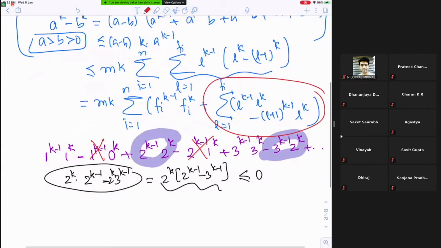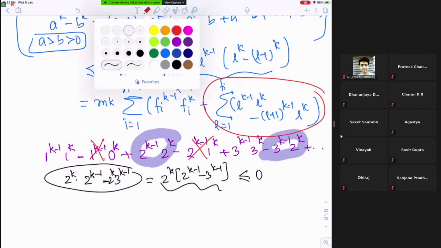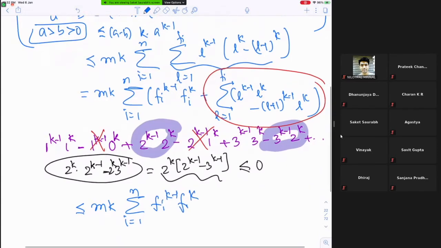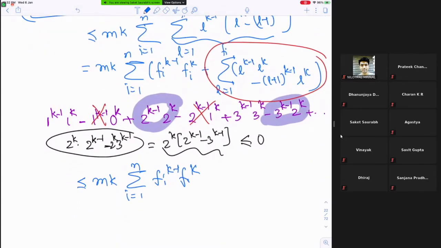So what is left after that is basically less than or equal to m k summation i equal to 1 to n of f_i^{k-1} f_i^k. What is this term?